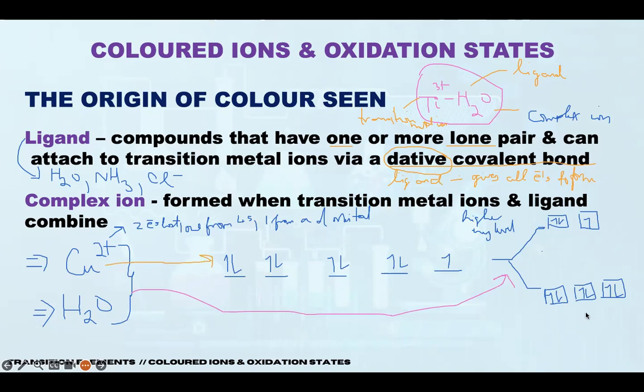All right. So now this is what we have when we have our complexation form and a split level of d orbitals, some high and some low. Now, when one of these electrons moves up, because you can always promote electrons from a lower energy level to a higher energy level, that's going to correspond to a delta E, because we need a set amount of energy for that transition to take place.